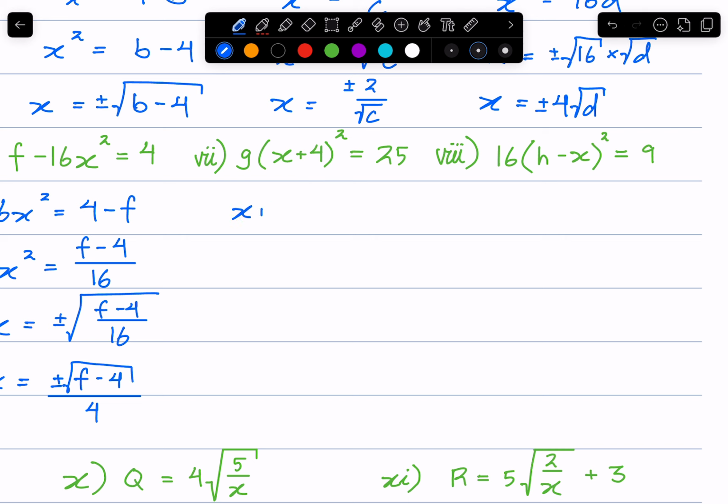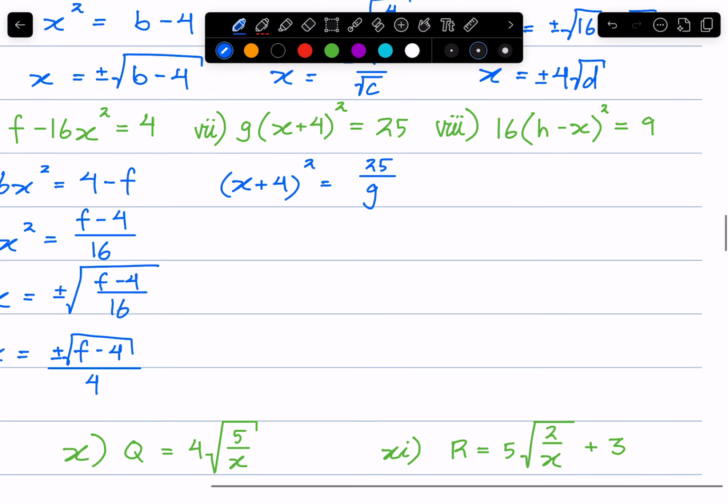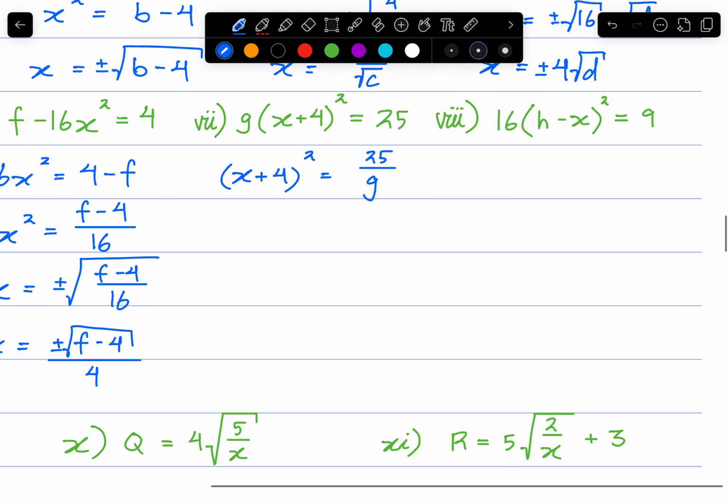So this actually becomes x plus 4 squared equals 25 divided by g.